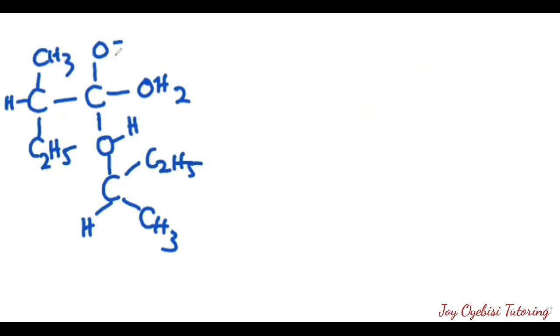Now, this alkoxide is very unstable and tends to form back the double bond. So we have 1, 2, 3, and 4 bonds. This is going to form back the double bond, and then we have this leaving, because we can't keep it there, since we'd have more bonds than necessary.